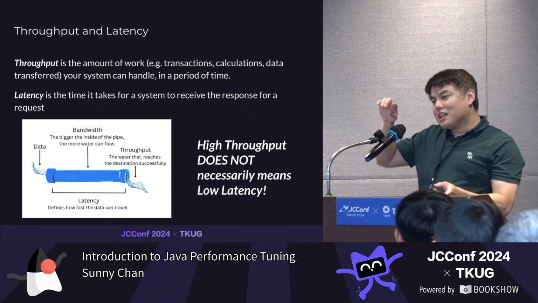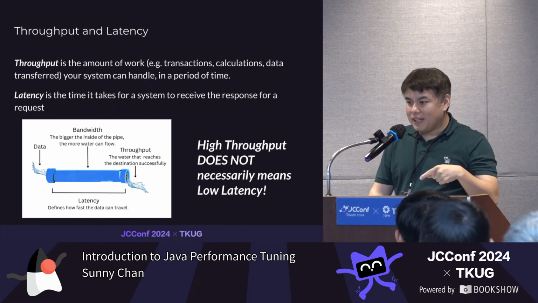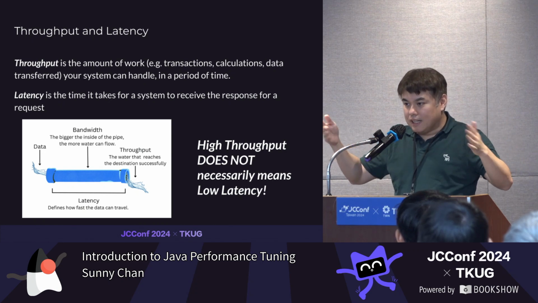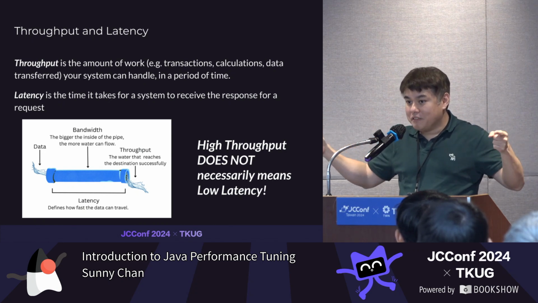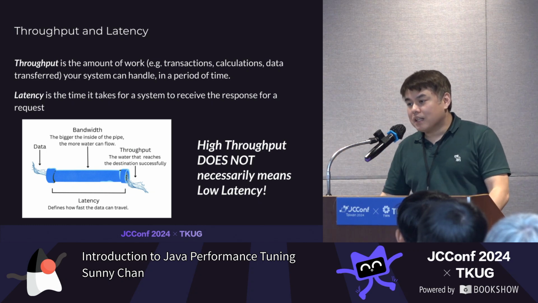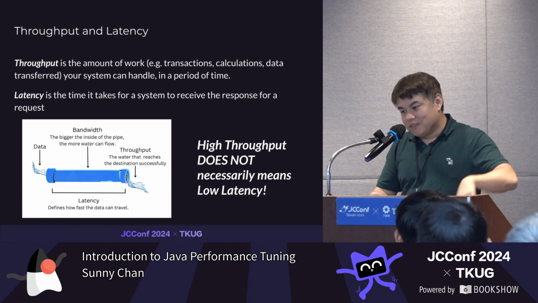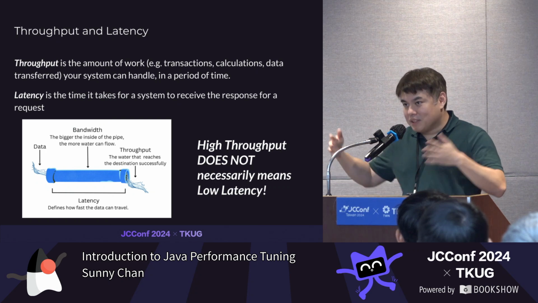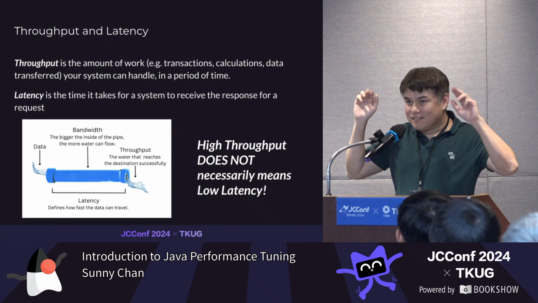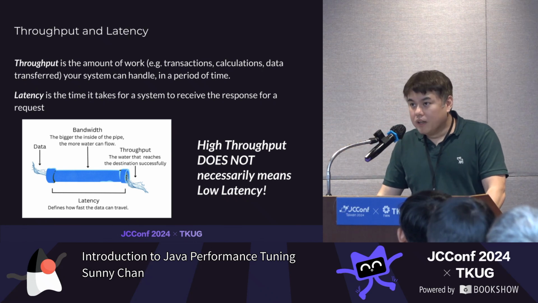So if you translate that into your website, when somebody makes a request and your process is taking a long time, the latency is going to be very long. It may take like 1 or 2 seconds to come back. But the throughput might not be affected, because you could potentially still have the same amount of water coming out the other end, since the pipe is big. But because the pipe is very long, your perceived latency is going to be very, very slow.